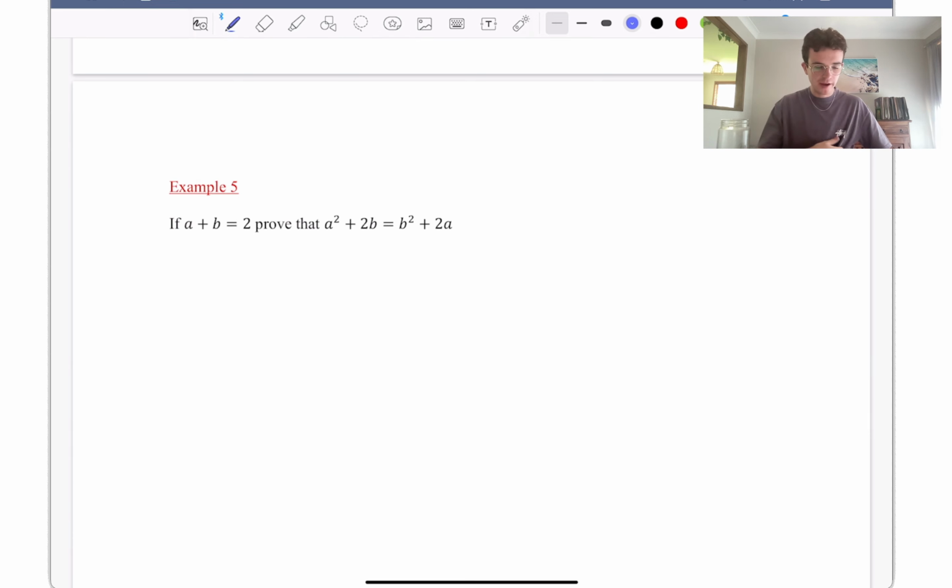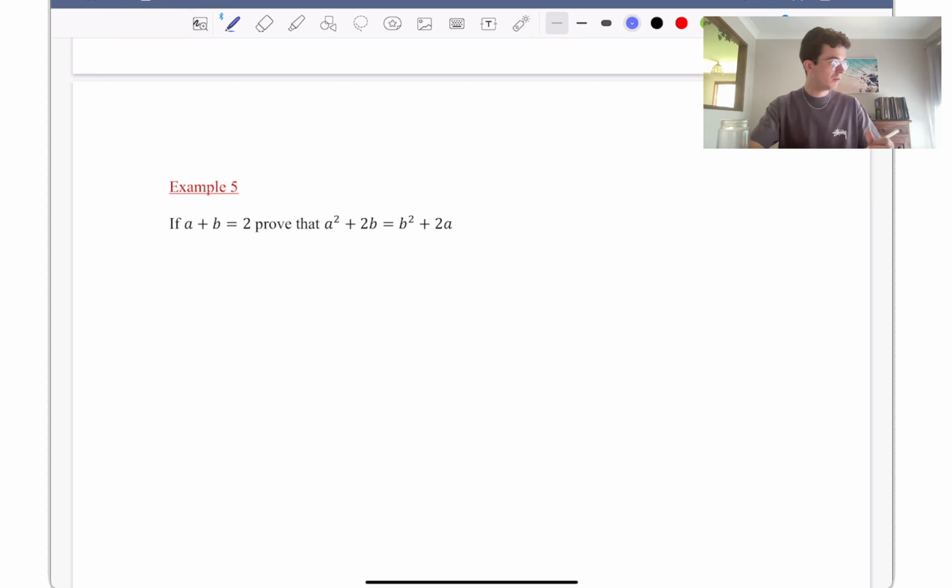Okay, example number 5. We've got to prove that if a plus b is 2, then a squared plus 2b is equal to b squared plus 2a. One of the most useful strategies in this case, and also in proofs involving inequalities, is getting the left-hand side and subtracting the right-hand side. If we prove that the left-hand side minus the right-hand side is 0, then we've proven what has been asked, because you can add the right-hand side back over.